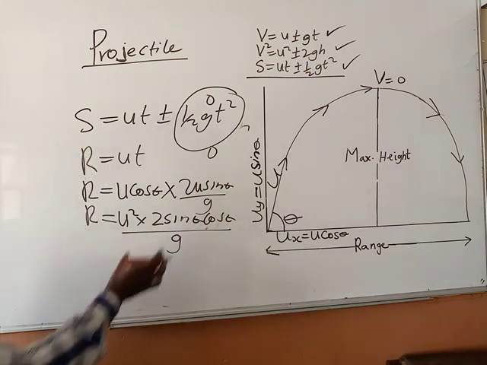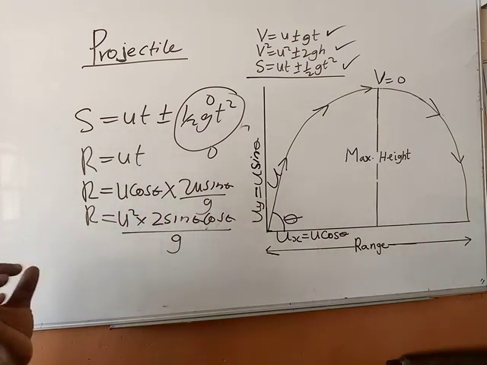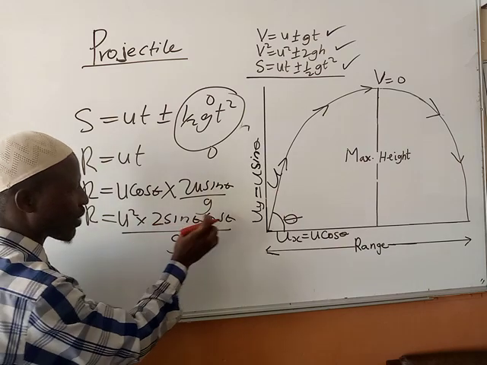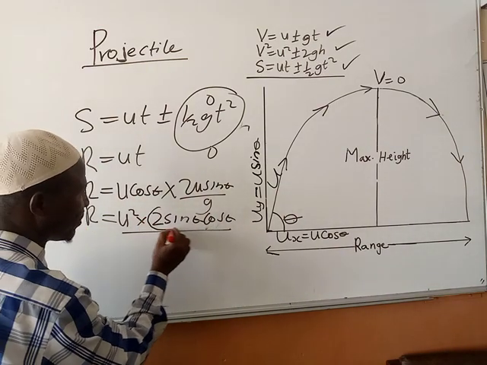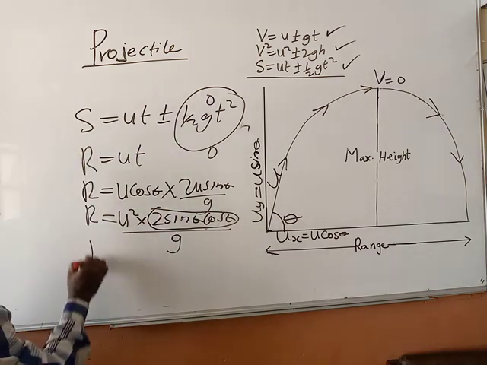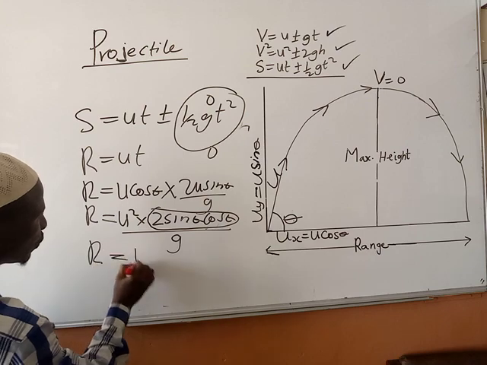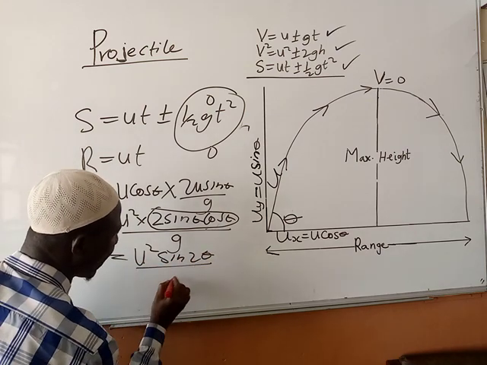Then, in our trick, 2 sin theta cos theta is equal to sin 2 theta. So we are going to replace the whole of this by sin 2 theta. Therefore, range is equal to u squared sin 2 theta over g.